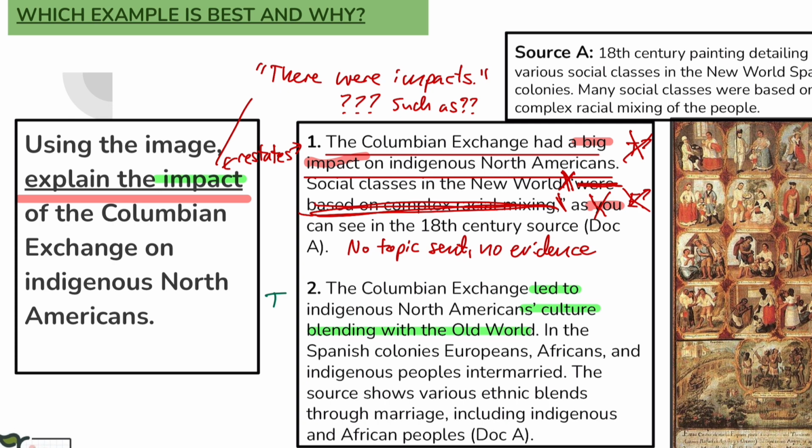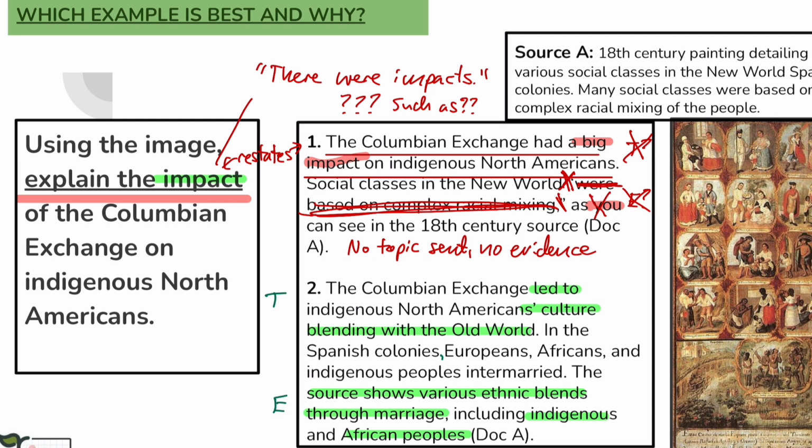And you provided an impact. You said cultural blending with the old world was an impact. In the Spanish colonies, Europeans, Africans, and indigenous peoples intermarried. The source shows various ethnic blends through marriage, including indigenous peoples and African peoples.